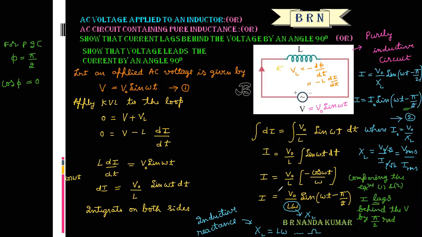So how does the inductive reactance depend on the frequency of the applied AC voltage? That is very important. The mathematical expression for inductive reactance is XL equal to L omega, measured in ohm. In terms of frequency, XL is equal to L times 2 pi f, right?